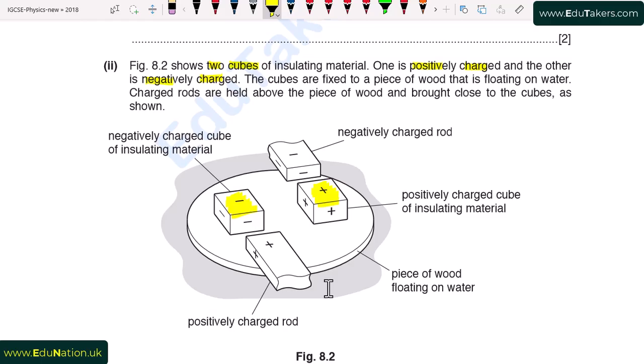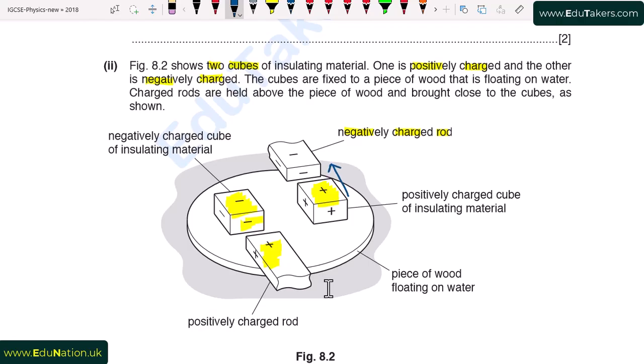On positively charged cube, there is a negatively charged rod that is brought closer to this, while on the negatively charged cube there is a positively charged rod. So in the same case, there are opposite charges and these charges attract each other, due to which this piece of wood will move in this direction.